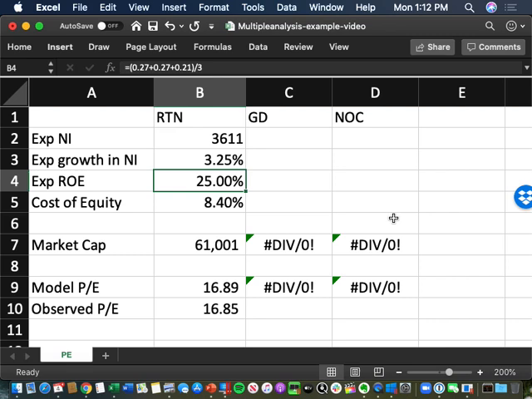So this is the growth spread combination, approximately, that the market's using for Raytheon: a little over 3% growth, about 25% ROE at today's 8.4% cost of equity.